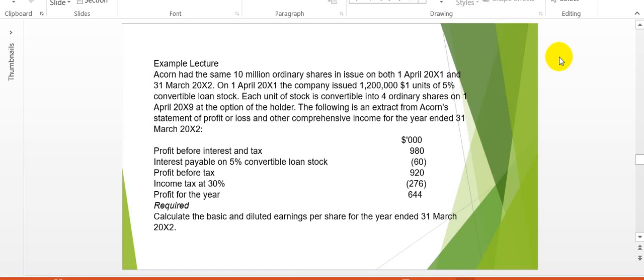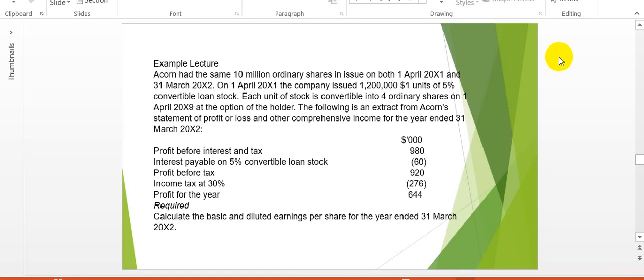Under financial instruments, we also noted that it's a requirement of the financial instrument standard that where a convertible loan has been issued, it should be split between the debt component and the equity component.